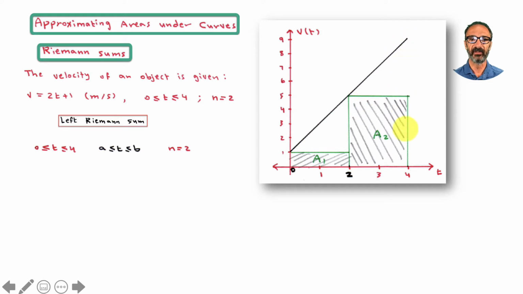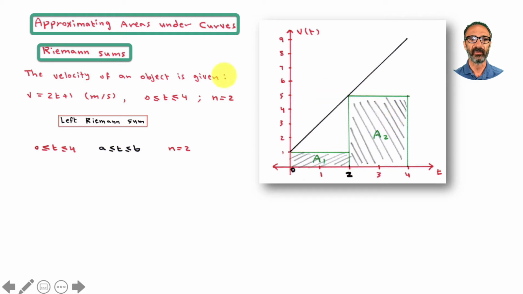So instead of having all the area under the graph from 0 to 4, I'm building two bars using the left to determine the height of each bar.